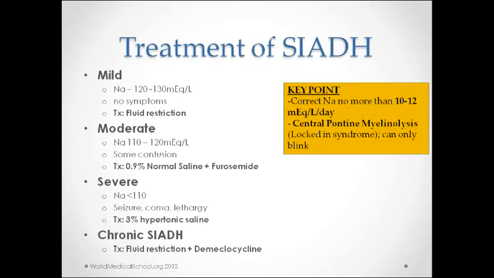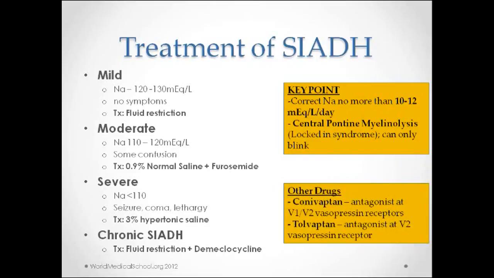This might lead to central pontine myelinolysis or locked-in syndrome, where the patient can only blink their eyes but cannot move. Other drugs like conivaptan and tolvaptan, which are antagonists at V1, V2 receptors, can also be used based on their side effect profiles.